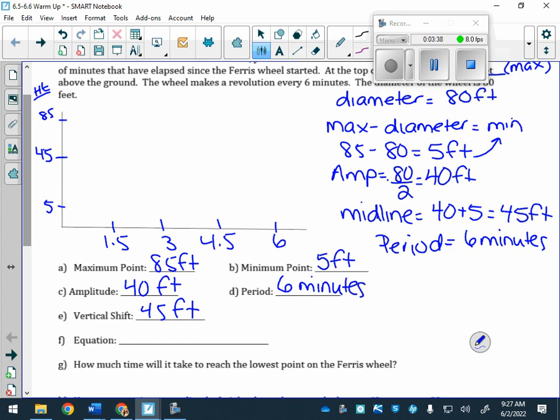Okay, so since we're starting at the 3 o'clock position, what graph do we have? Sine or cosine? Sine. So we're starting at the 3 o'clock position, okay? And where do we go? Up or down? Up.